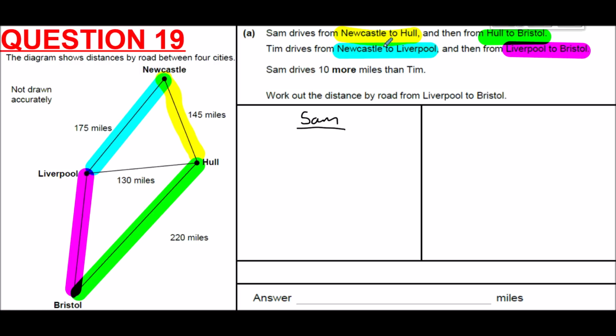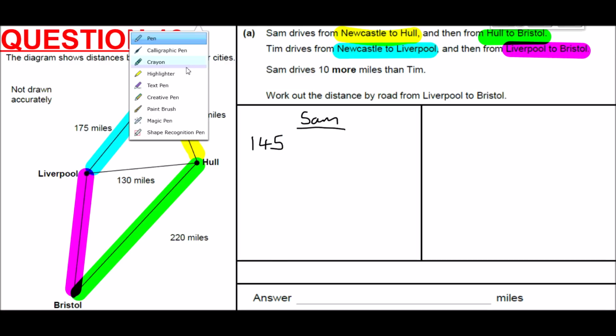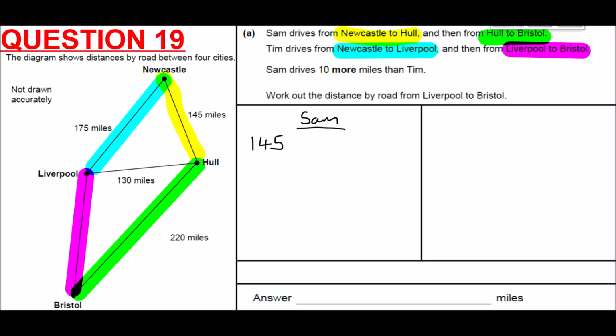How far does Sam travel? Well, Sam goes Newcastle to Hull and then from Hull to Bristol. So Sam travels 145 miles first from Newcastle to Hull, and then after that he travels from Hull to Bristol, which is another 220 miles.